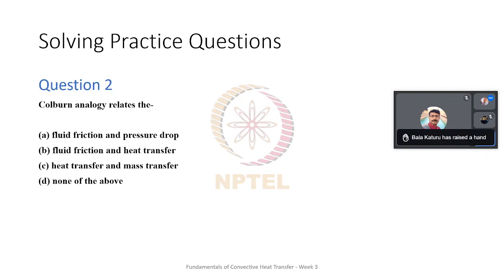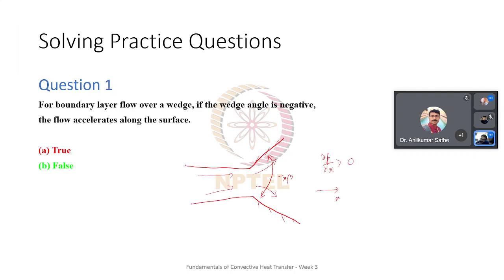So that says, question number 2 says, okay, someone has a question. Yes, you can unmute yourself and ask. Sorry, sir, we are unable to see your explanation figure. Sorry, can you come a bit louder? Sir, we are unable to see your explanation figure also. You're unable to see my figure. Is this figure visible or not visible?